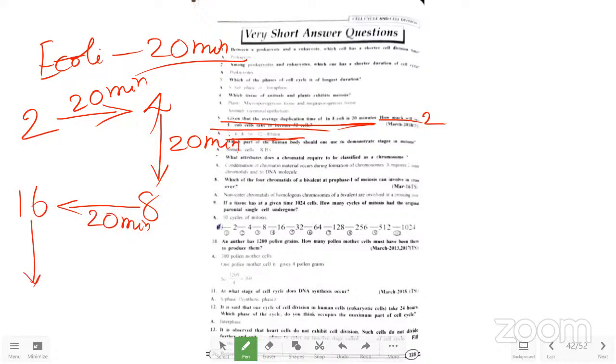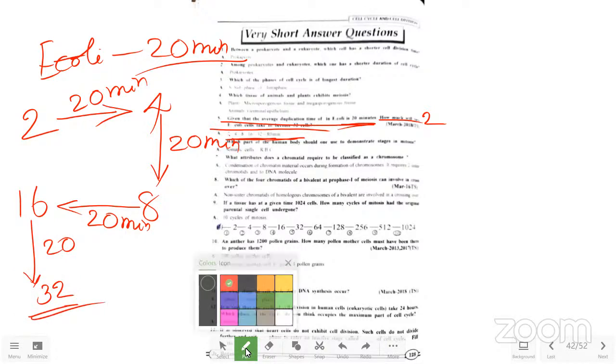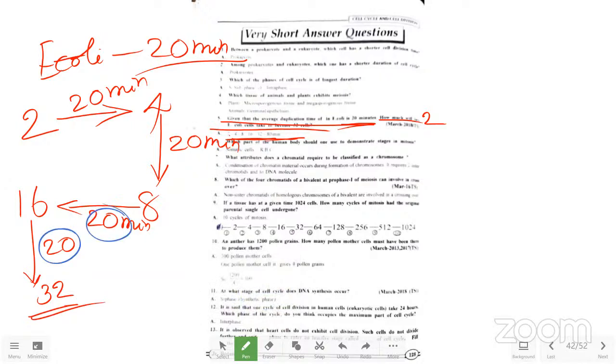And in the next 20 minutes, 16 will become 32. That means how many 20 minutes are there over here? 1, 2, 3, 4. That means 4 twos are 8. 80 minutes is the answer. If you write 80 minutes, done. 2 marks you will get.